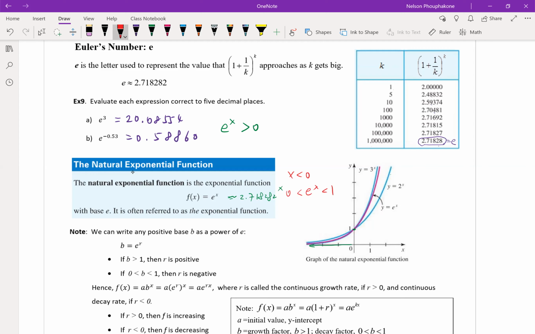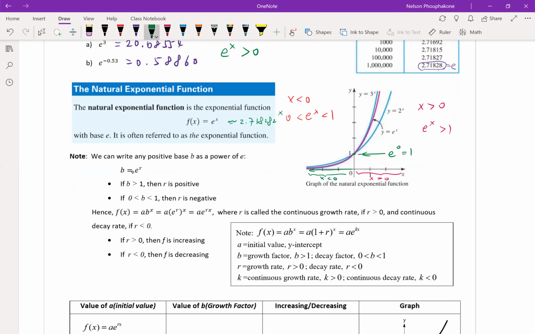Okay, so that is when x is less than 0. And then now, what happened when x is greater than 0? When x is greater than 0, then you will see that e to the x, the output is always greater than 1. Then, of course, we know that e to the power of 0 is equal to 1.